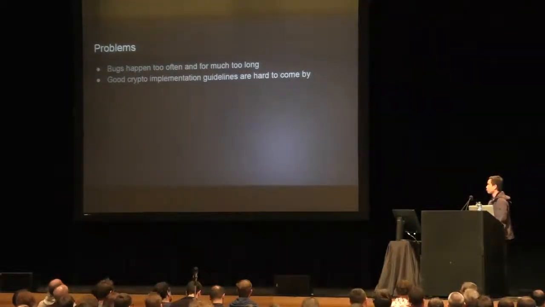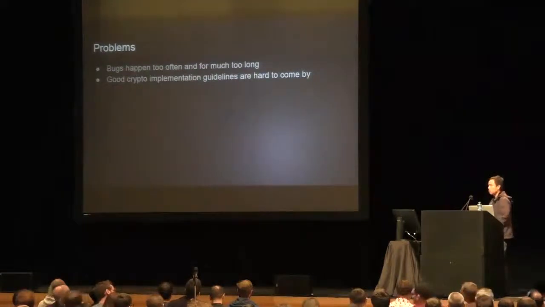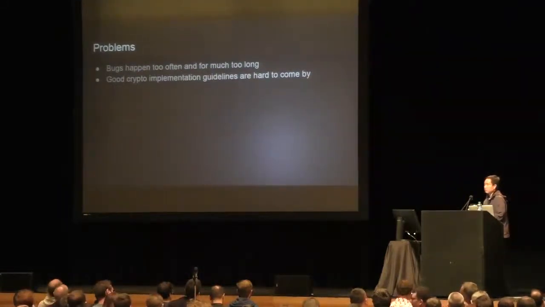And when we look at the libraries, we were very surprised. Another problem is that it's very hard to write good crypto implementation guidelines even for smart software engineers. They don't have the necessary background to implement crypto correctly.